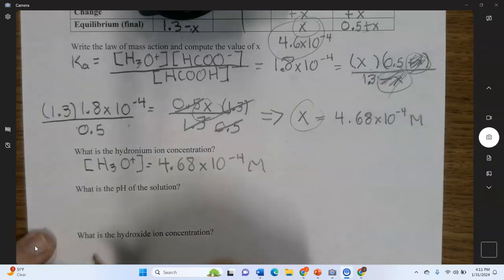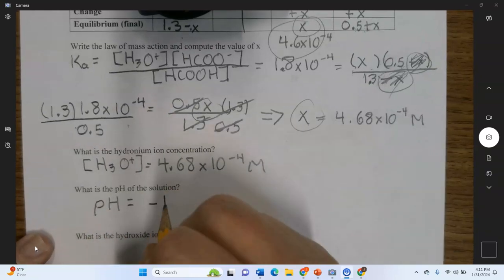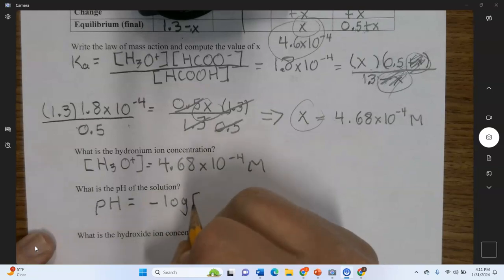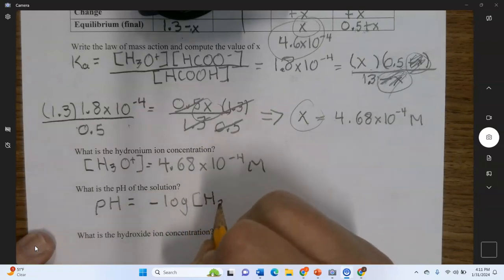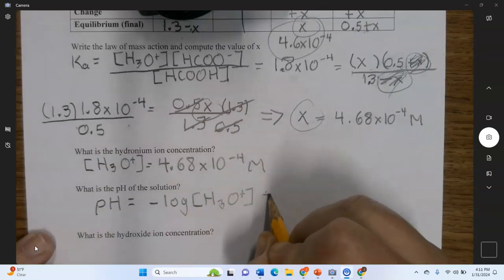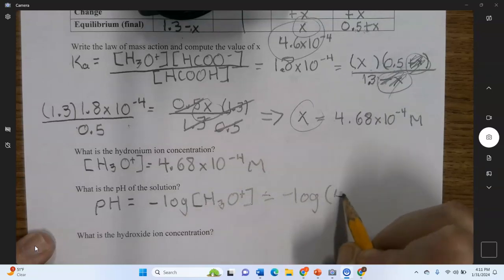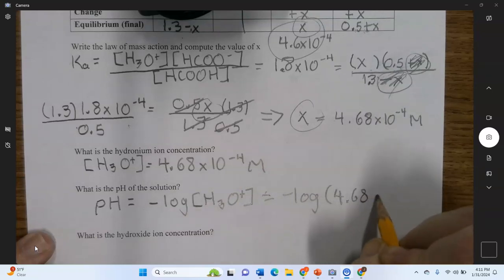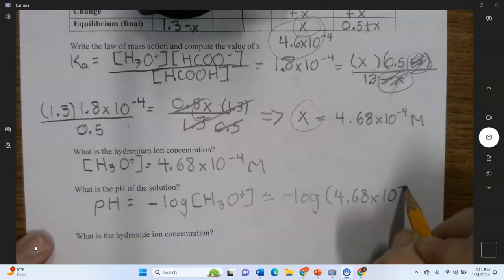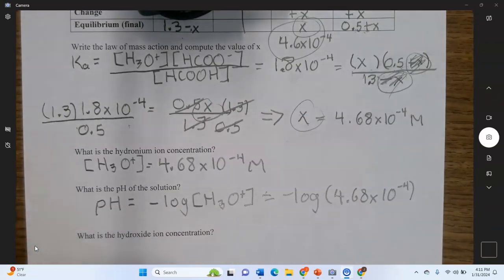All right, so what's the pH? So pH, go to your acid-base roadmap. It equals the negative log of the hydronium ion concentration. So that's going to be this. Okay, so we'll put that in the calculator.